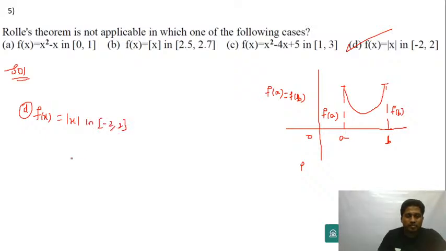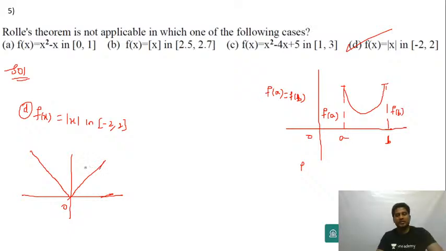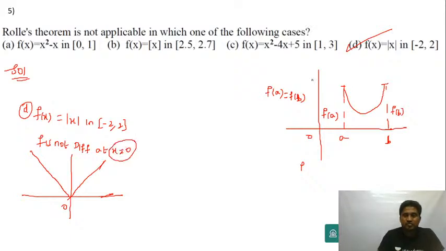Mod x is a V-shaped graph and you get a sharp edge at 0. It is continuous in the closed interval, there's no break in the graph, but at x is equal to 0 you get a sharp edge, so f is not differentiable at x is equal to 0. That's why Rolle's theorem is not applicable here.